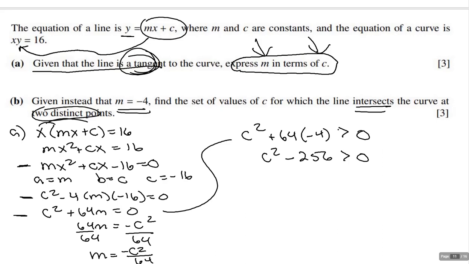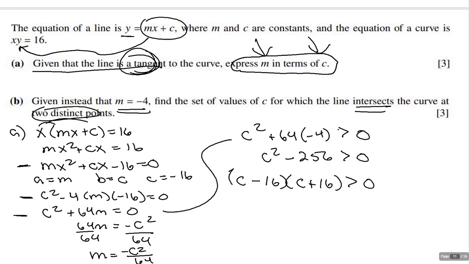But quadratic inequalities work a little bit differently. I need to find the zeros. In fact, you'll notice that this factors. This is a difference of two squares. 256 is a perfect square, so I can write C minus 16 times C plus 16 greater than 0.